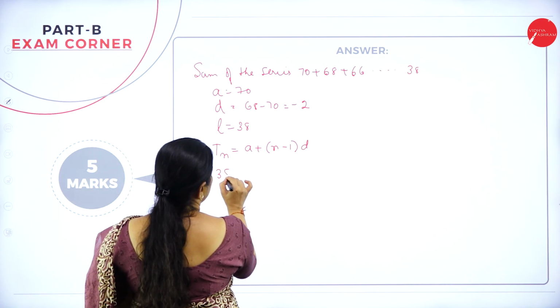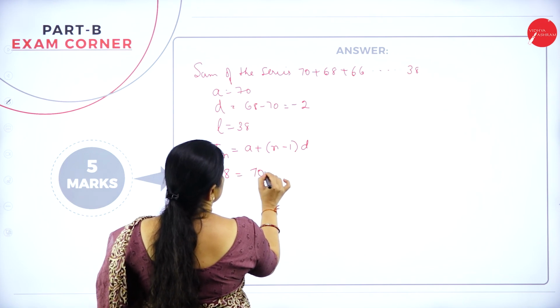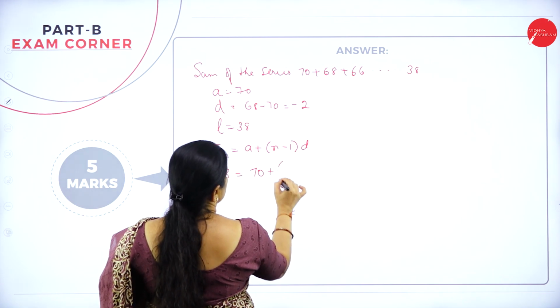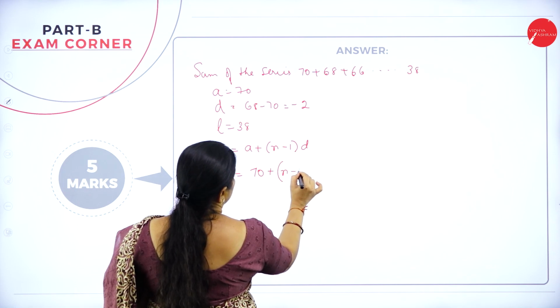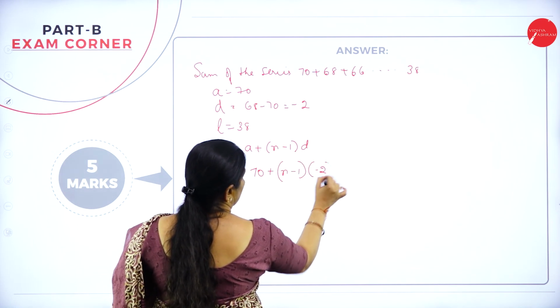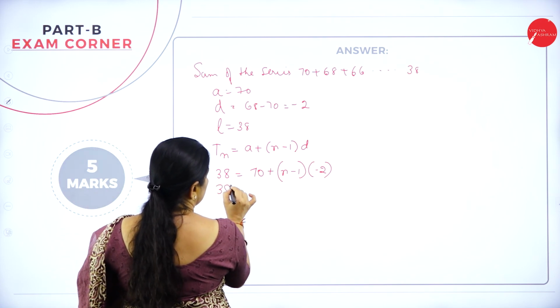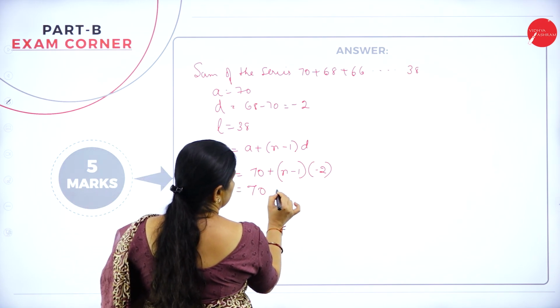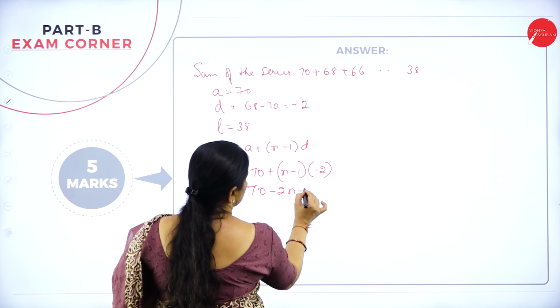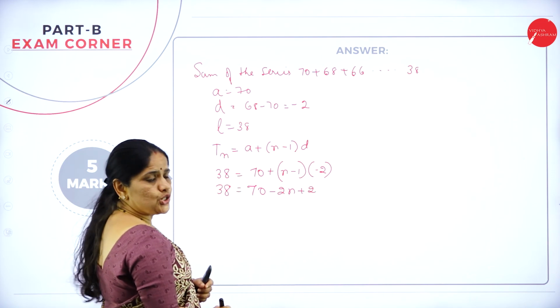So 38 equals 70 plus (n minus 1) into minus 2. So this will be 38 equals 70 minus 2n plus 2.